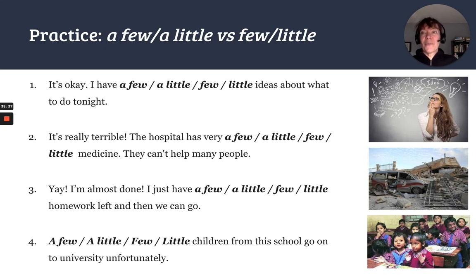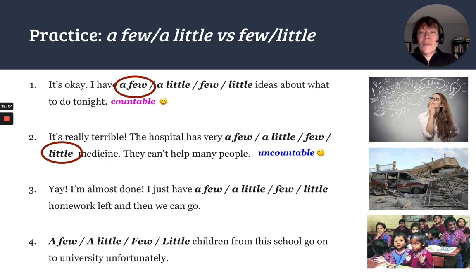Let's check your answers. It's okay. I have a few ideas about what to do tonight. Ideas are countable, and it's okay means it's not a bad thing. It's really terrible. The hospital has very little medicine. They can't help many people. Very little. It's a bad thing.